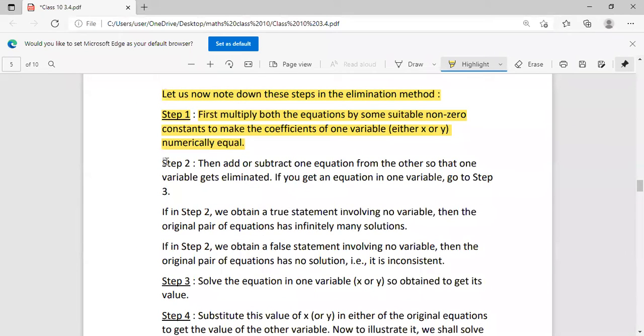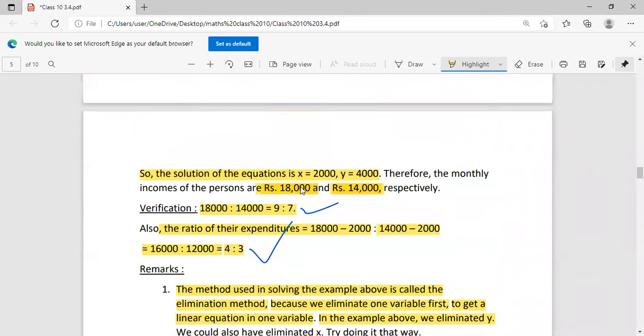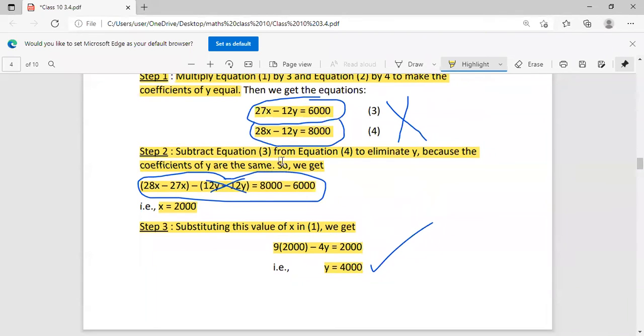But in step 2, add or subtract one equation from the other so that one variable gets eliminated. If you get an equation in one variable, go to step 3. See, here we have subtracted equation 3 from equation 4. But sometimes you just have to add.